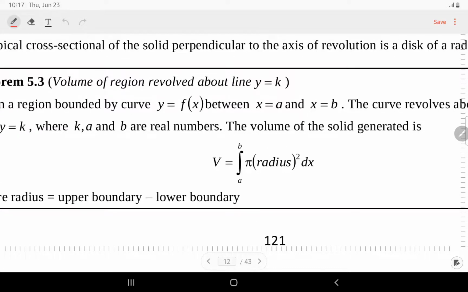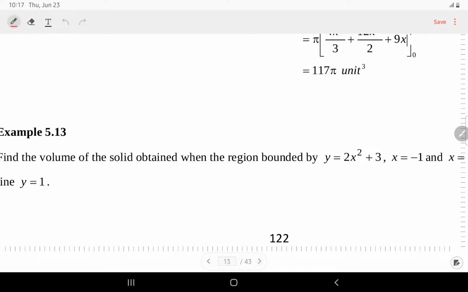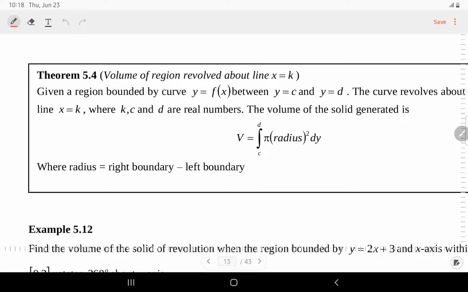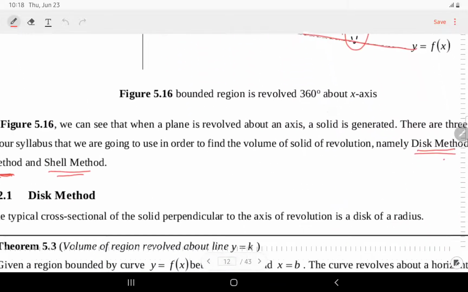The first formula, in theorem 5.3, we integrate by dx, and the formula in theorem 5.4, we integrate by dy. So if we integrate by dx, please make sure your function here must be in terms of x. And when we integrate by dy, make sure your function here must be in terms of y. So we will go one by one.